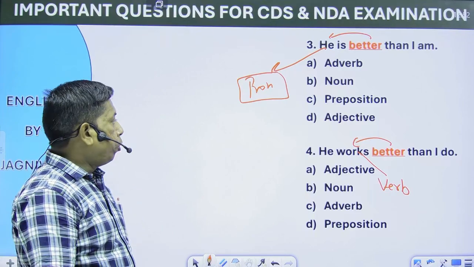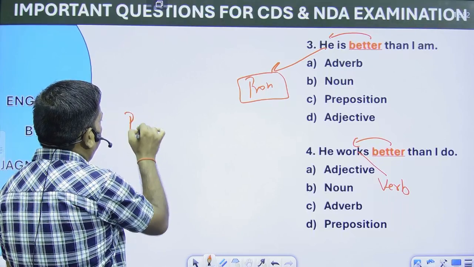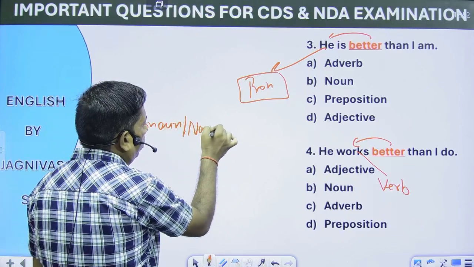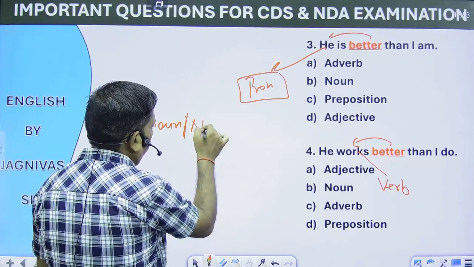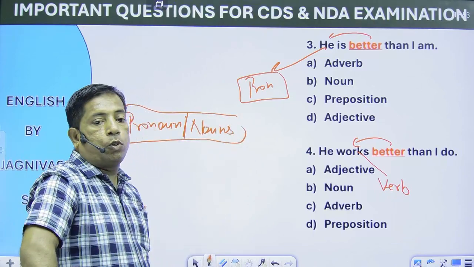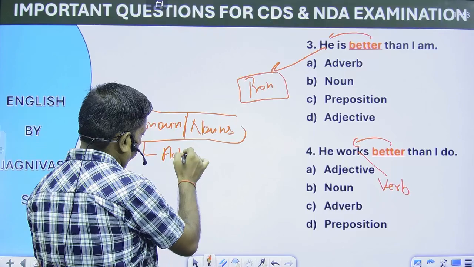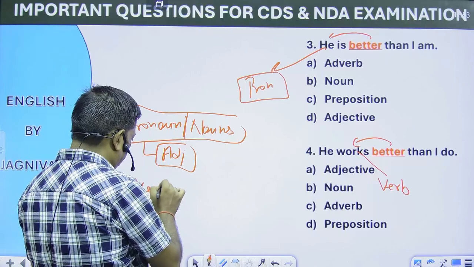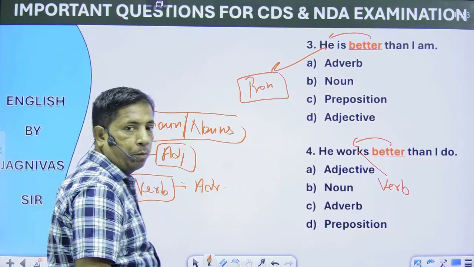And you must know that the words which are used to qualify pronouns and nouns are adjectives, and the words used to qualify verbs are adverbs.